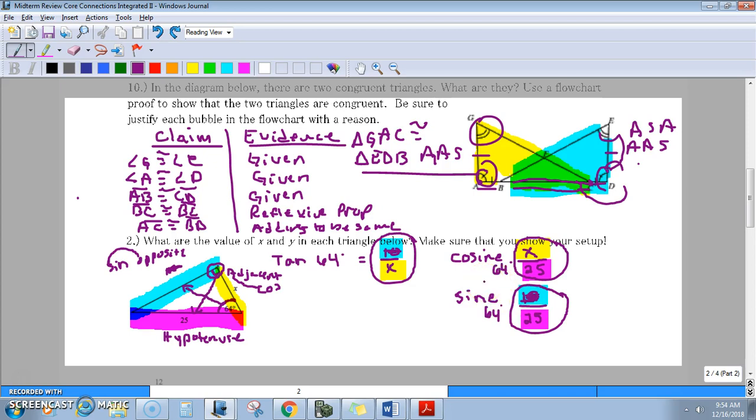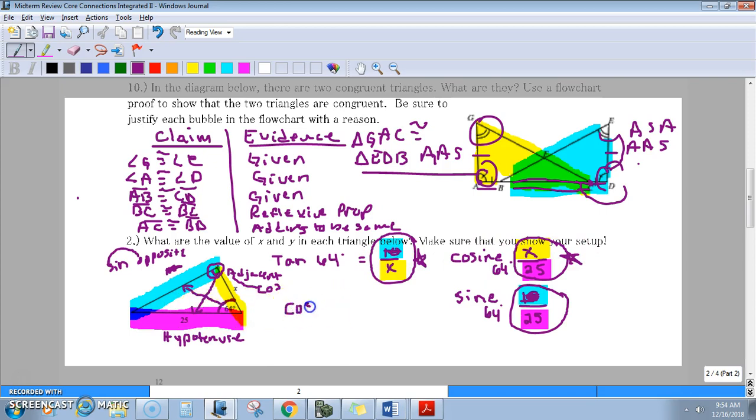Let's think about what we have. If we are trying to find x, we need to use either the tangent, because it has yellow, or the cosine, because it has yellow, which is our x. And the other number that we actually have is the hypotenuse. So in order to do this one, we're going to use the cosine of 64.